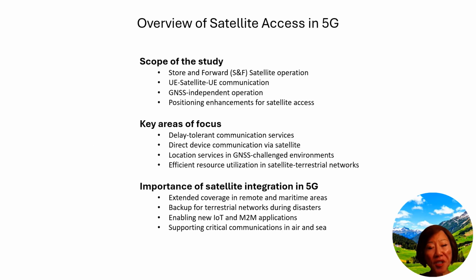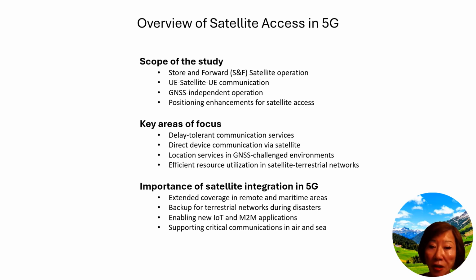The scope of this study is comprehensive, addressing several crucial aspects of satellite integration in 5G systems. First, we'll explore store and forward satellite operation, a key feature for enabling communication in areas with intermittent satellite coverage. This is particularly important for IoT applications in remote locations.